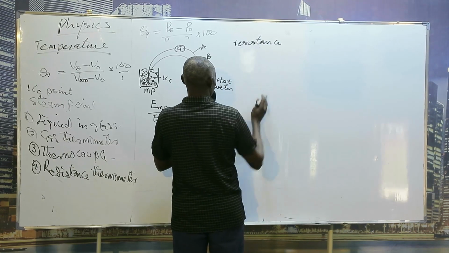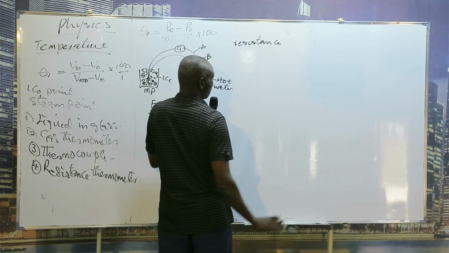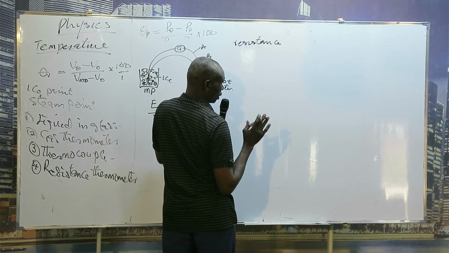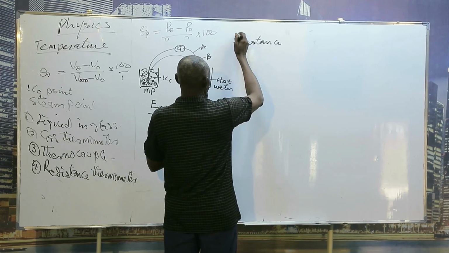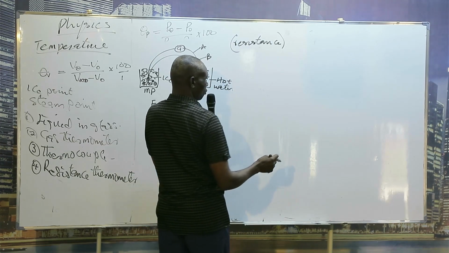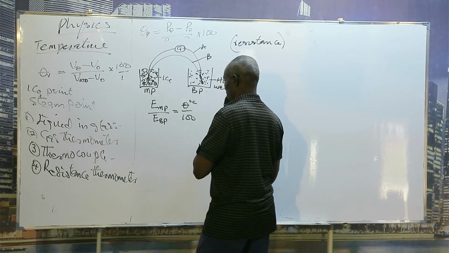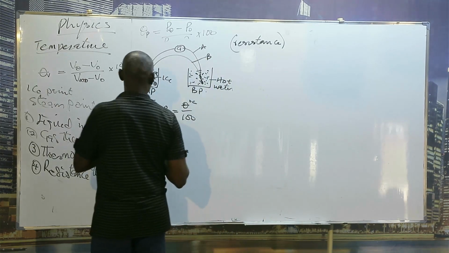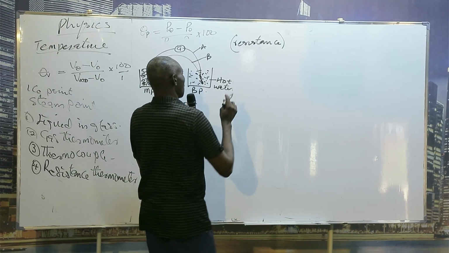The property is resistance. Substance is resistance wire, the connecting wire here. But the property is resistance.